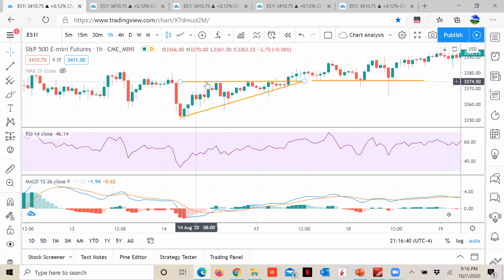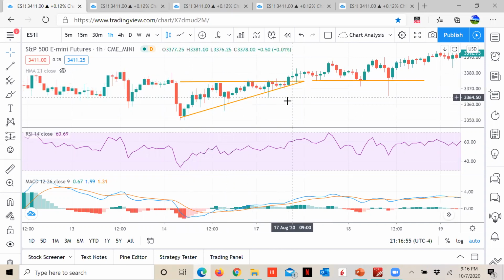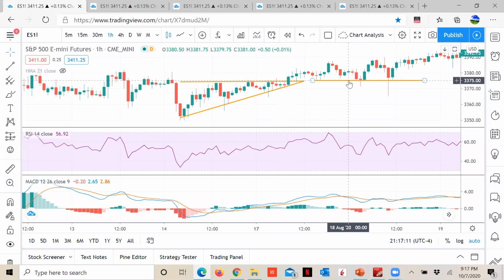The horizontal line connects the similar highs, and the diagonal line connects the higher lows up to a point where it converges and forms a triangle shape. So this is an ascending triangle. It's a bullish pattern. This pretty much shows how the price breaks out of this resistance. It eventually becomes the new support.